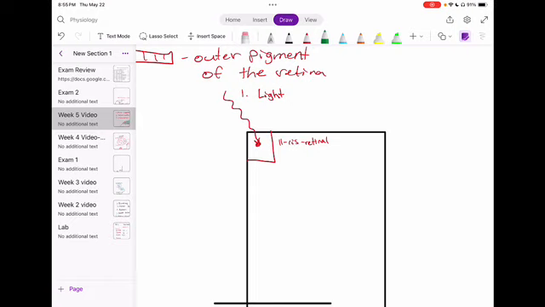What this does, when it changes, is it actually activates something called opsin. And this opsin will activate something called transducin.